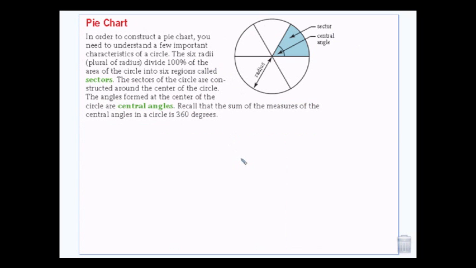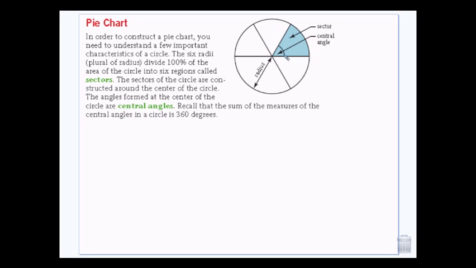Okay, pie charts. We can divide it into 6. We can divide it into however many we want to. These are radii. Okay, this blue part is the sector, and this part here is the central angle.